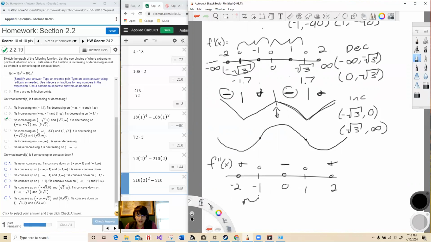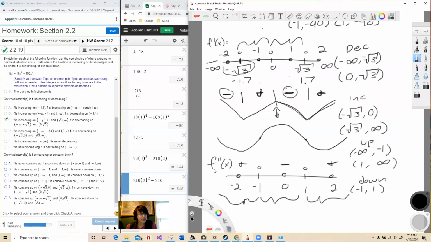We had this interval where it's concave up, so let's write that as negative infinity to negative 1, and that's concave up. This interval from negative 1 to positive 1 is concave down, and this interval from positive 1 off to infinity is concave up again.